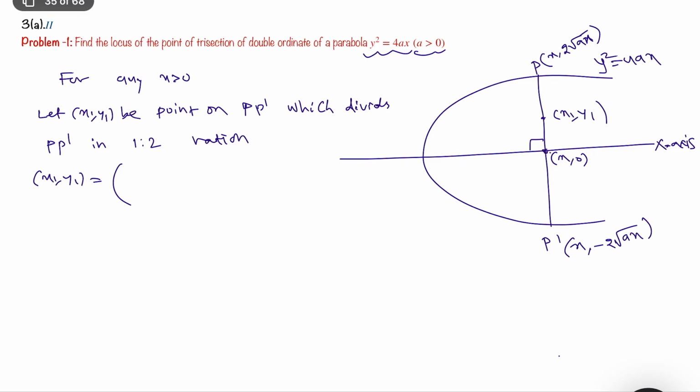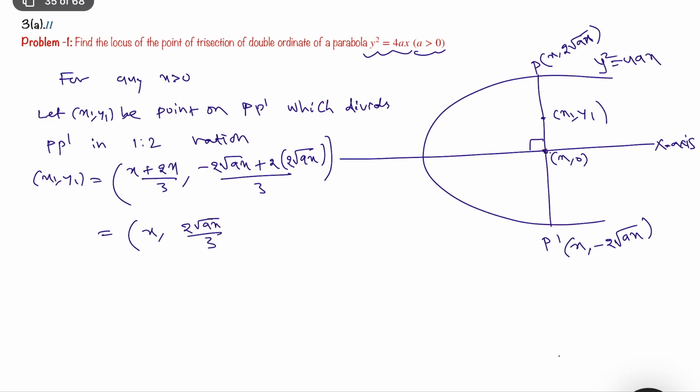The point which divides P dash in 1:2 ratio means we should have x, comma, (x plus 2x)/3... minus 2 root ax plus 2 times 2 root ax by 3, which is going to be x comma 2 root ax by 3.